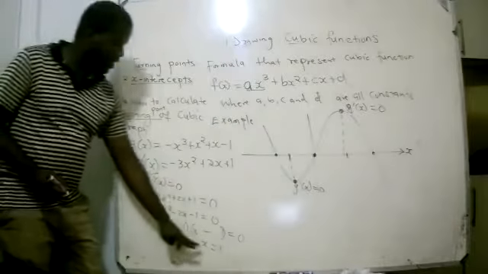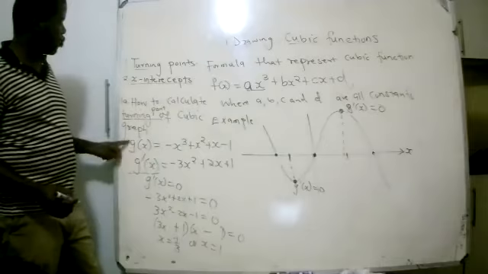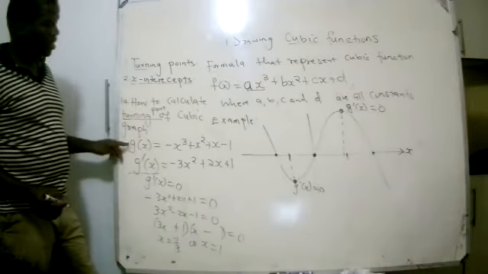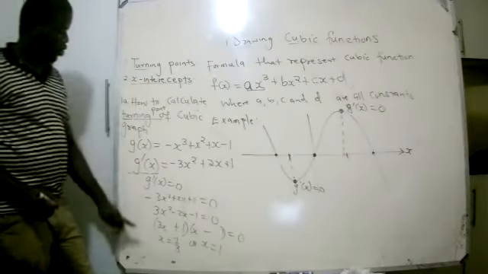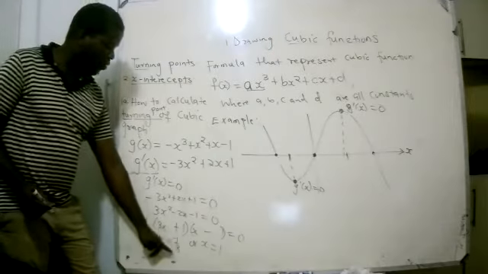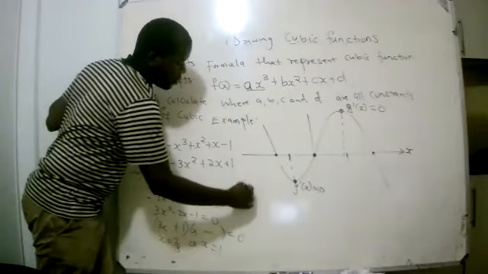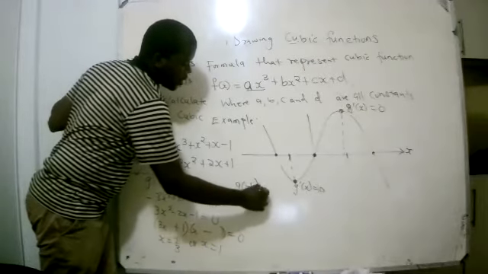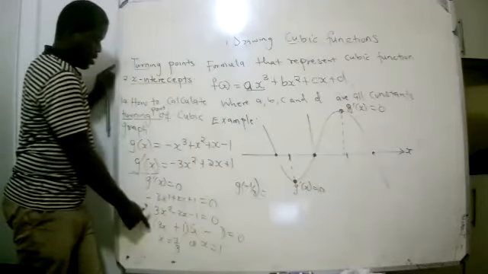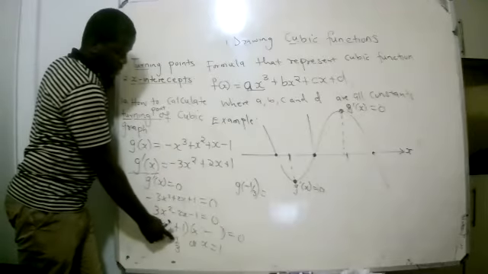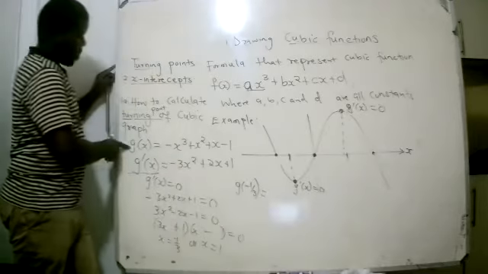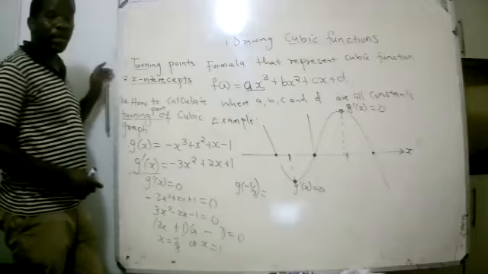So after obtaining these x values, we must then substitute them back into the original function, this function of g of x. So when we substitute negative 1 over 3 into that main function there, can any one of you tell me what we are going to get? If we substitute x equal to negative 1 over 3 back into this main function, what are we going to get?